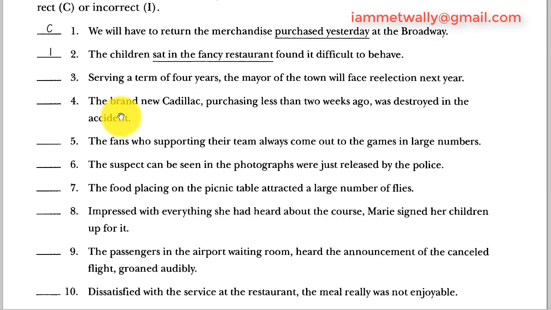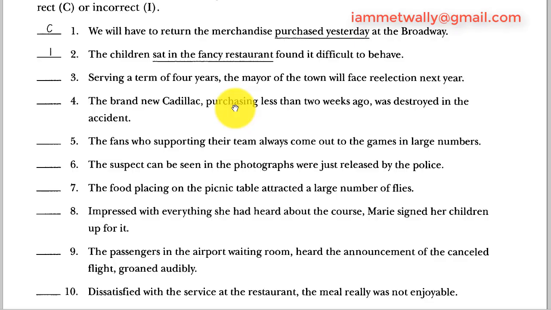4. The brand new Cadillac purchasing less than 2 weeks ago was destroyed in the accident. I have one reduced clause here between two commas, and the original sentence is the brand new Cadillac was destroyed in the accident. This without the reduced clause is correct, but let's look at the reduced clause.